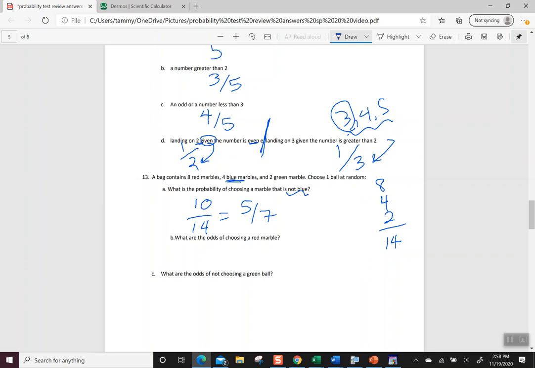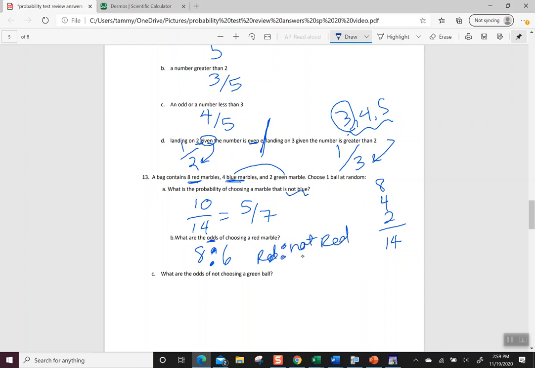B says, what are the odds of choosing a red marble? I want you to try to slow yourself down once you see odds and think you have to do 4 and again. So odds of getting a red, well, look at it, there are 8 red, which means there are 6 things that are not red. So this is red to not red, right?